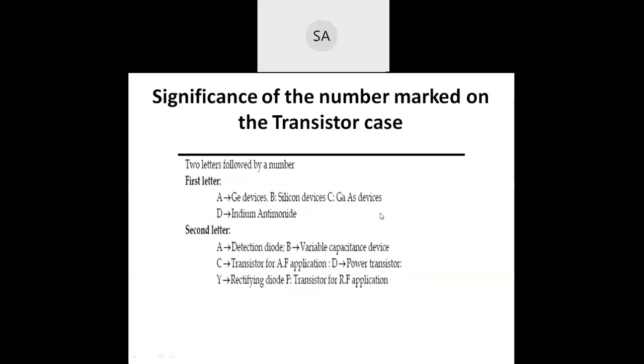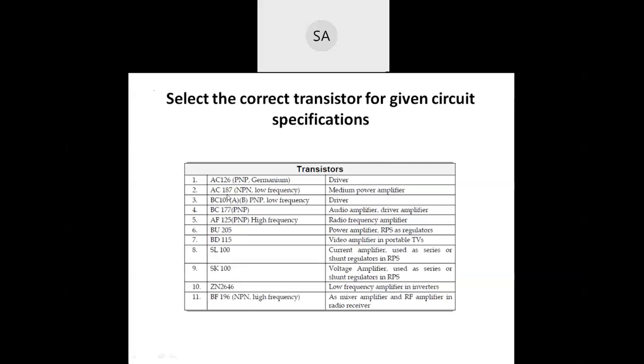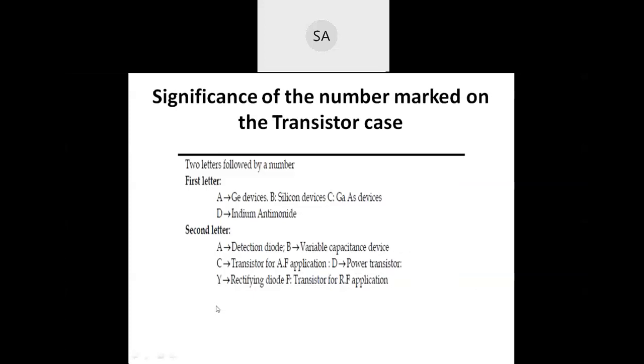And the second letter here: C, C, C, F, U, D, L, S, K, N, F. Here A is detection diode; C, transistor for AF applications; D, power transistor; Y, rectifying diode; F, transistor for RF applications.